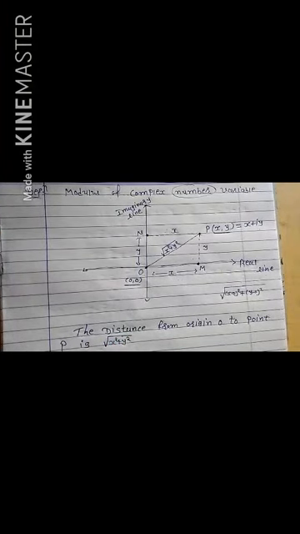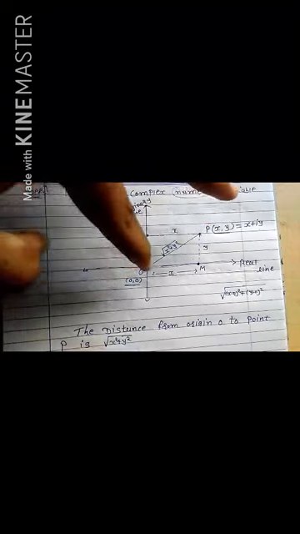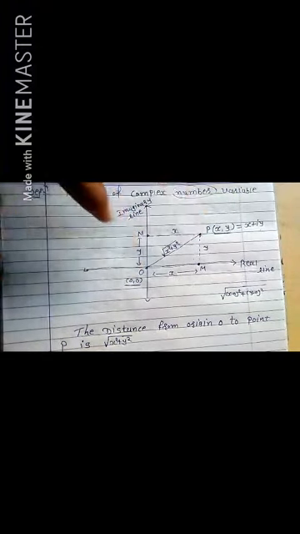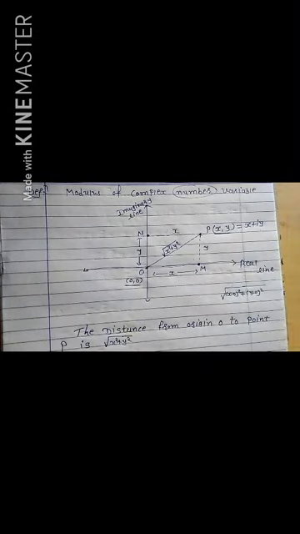It means you find the distance from the origin to that point. This distance is called the modulus of a complex number, a complex variable x plus iy.